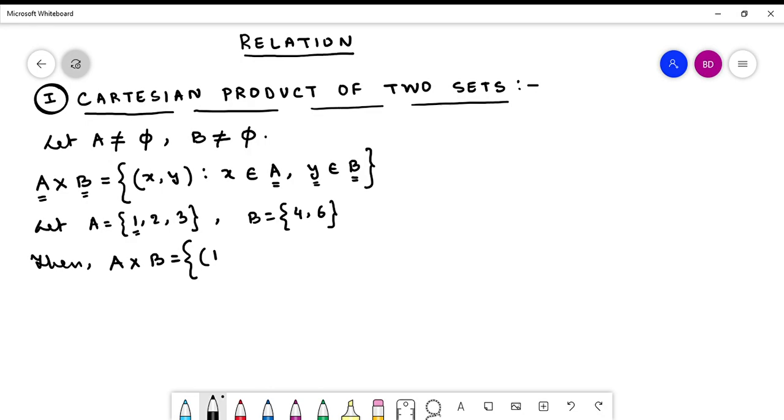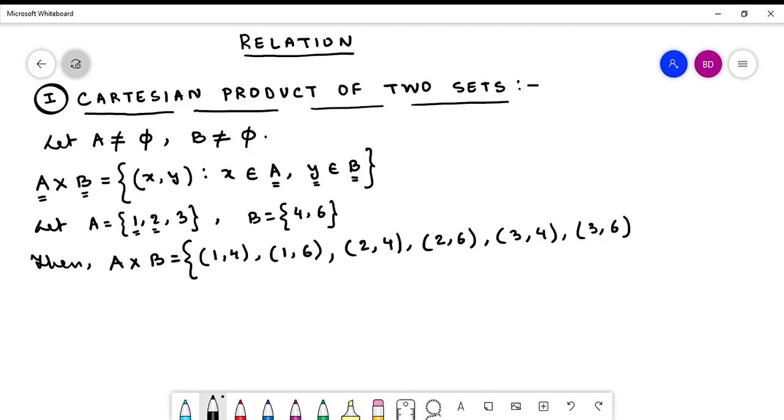So I will pair up 1 with first 4. Then I will pair up 1 with 6. Now 1 is exhausted. Now we'll go to 2. So now 2 I will pair up with 4. 2 I will pair up with 6. Similarly, 3 I will pair up with 4 and 3 I will pair up with 6. So this is how we form the Cartesian product of two sets.